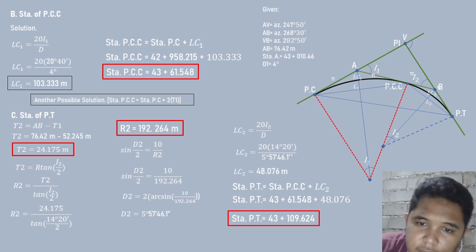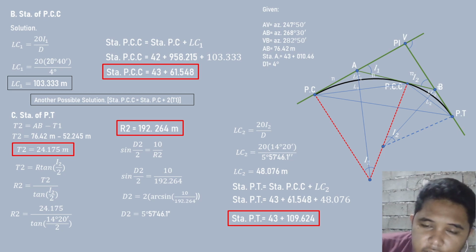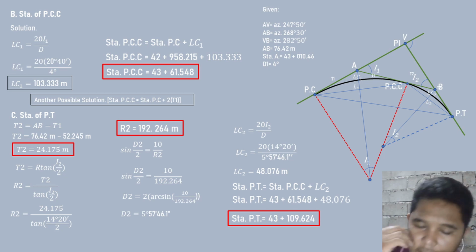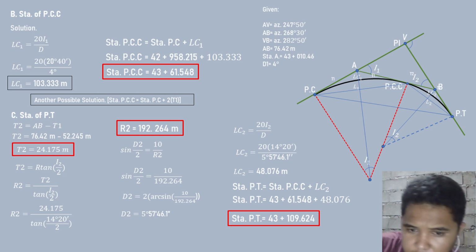So, we can now get the stationing of PT. If the task is the stationing of PT from PC, we just add stationing PC plus the length of curve 1 plus the length of curve 2.